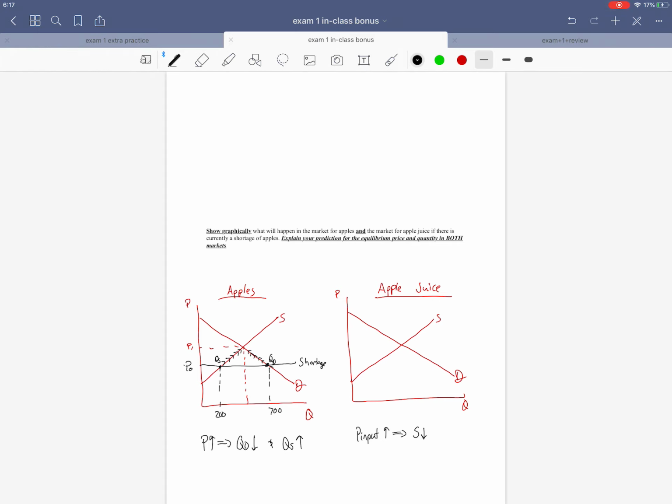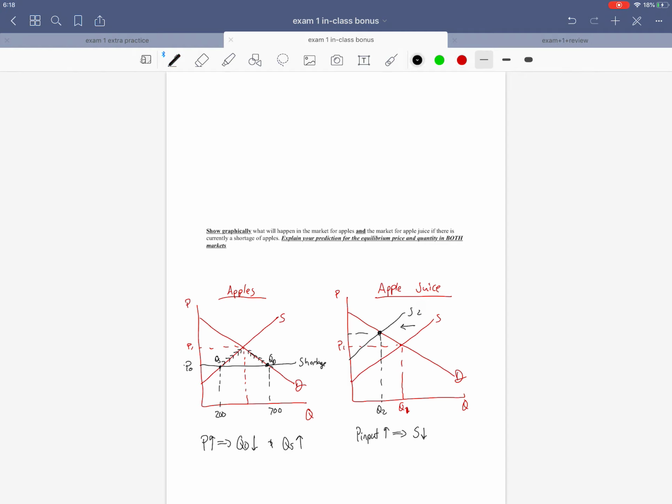So a decrease in supply, first let me show my equilibrium point. So this decrease in supply is going to be a leftward shift of our supply curve. We find our new equilibrium point.